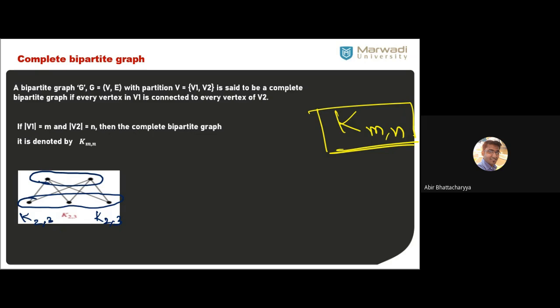3 vertices. Now, if I observe, all vertices of the first partition are connected to each vertex of the second partition, right?